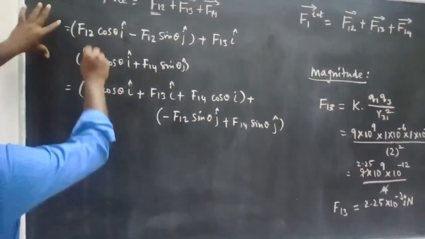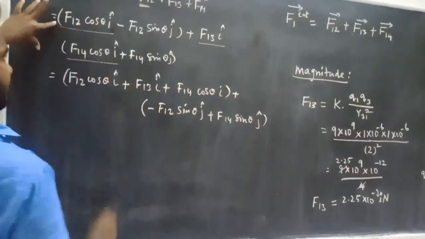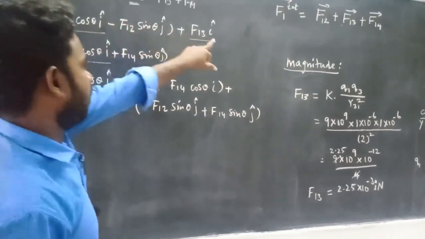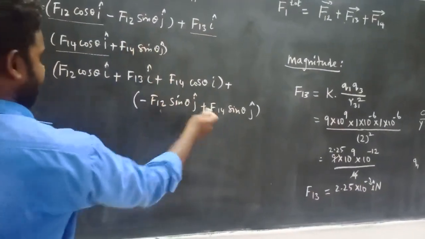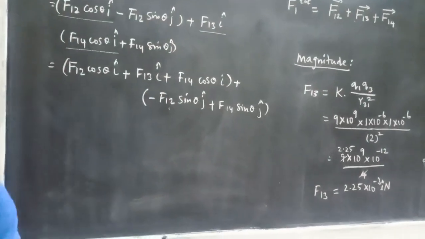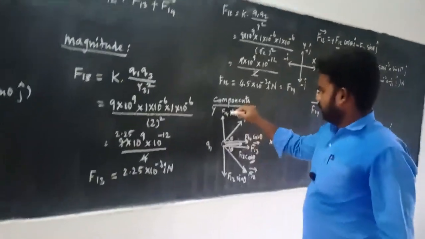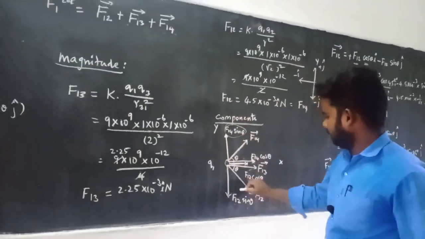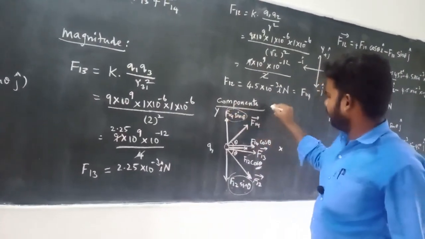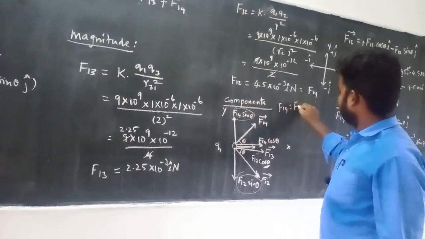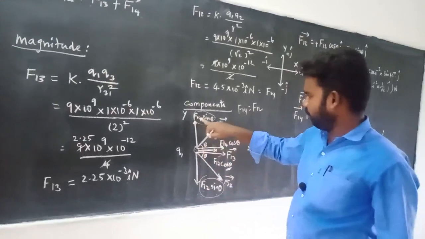See here, F12 cos theta i cap, F13 i cap, F14 cos theta i cap, they are in the same component i cap. So you can add them separately, as well as the j cap. See here, F14 sin theta and F12 sin theta. F14 is equal to F12, so the values of F12 and F14 are equal.